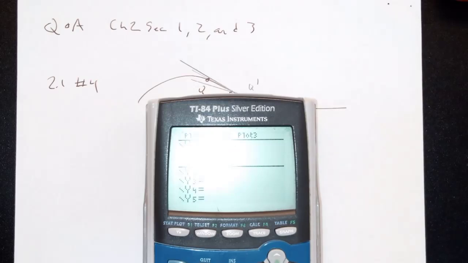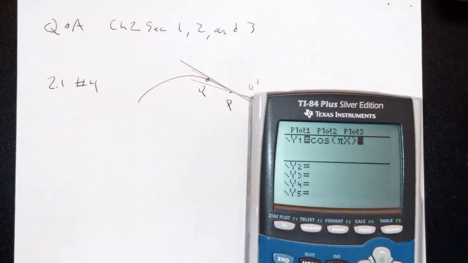There's got to be an x somewhere in there. It's cosine pi x, right? The original equation looks like that. The point we're looking at is 0.5, right? The x value of our point P is 0.5.